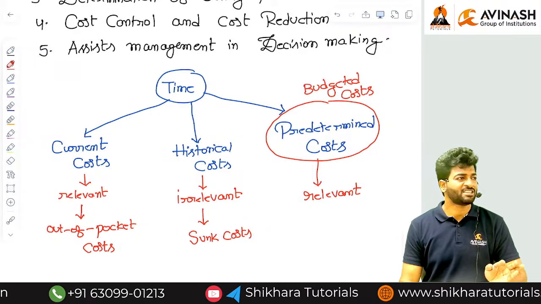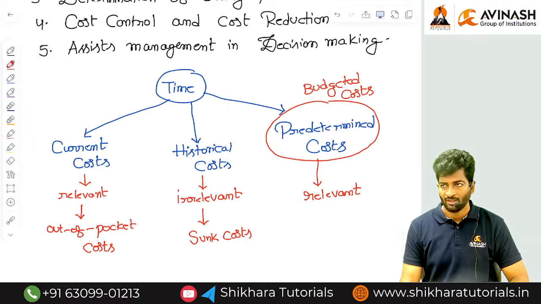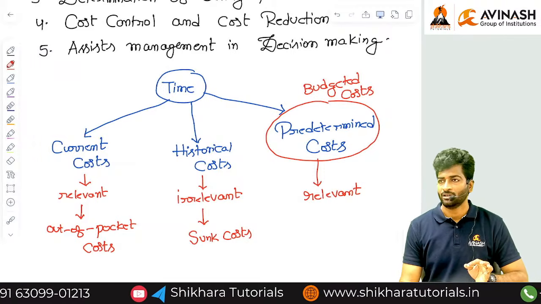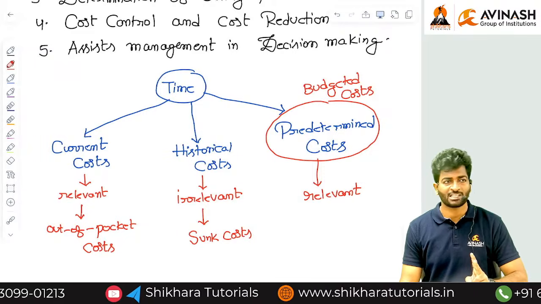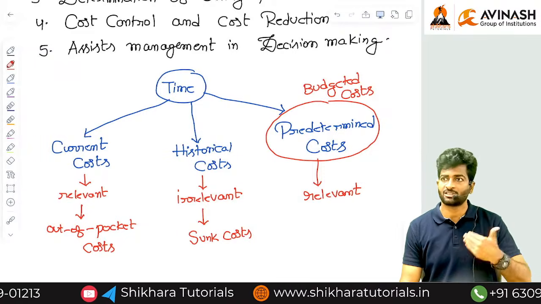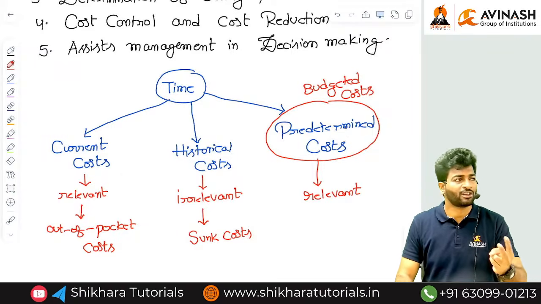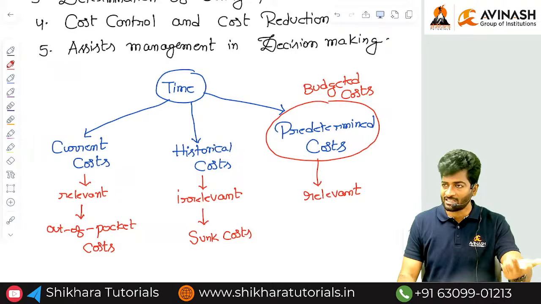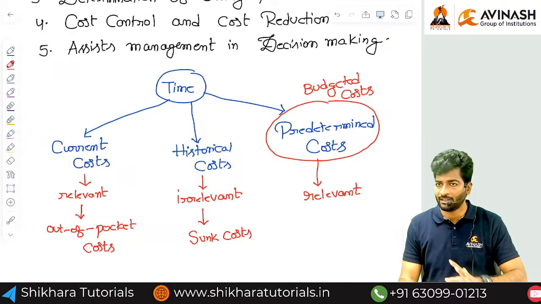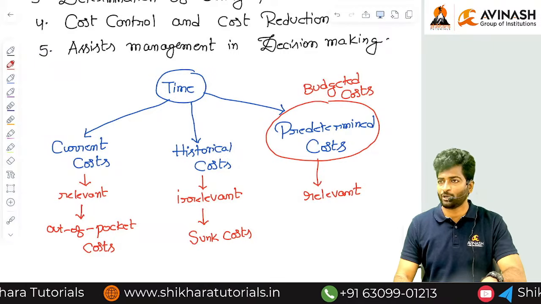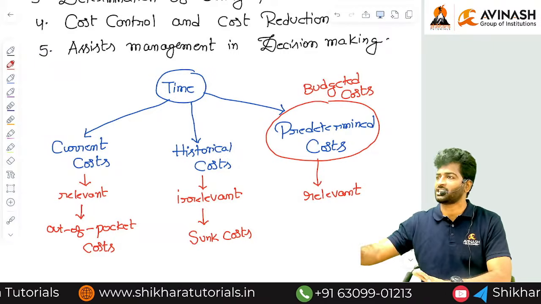Sir, if you purchase this machinery, over the next 3 years you are going to incur 2 lakh rupees as operational expenses each year. Means after purchasing this machinery today, you are going to incur 2 lakhs in the first year, 2 lakhs in the second year, and 2 lakhs in the third year. So these are future expenses, no doubt in that. But only if you purchase the machine will you incur those expenses.